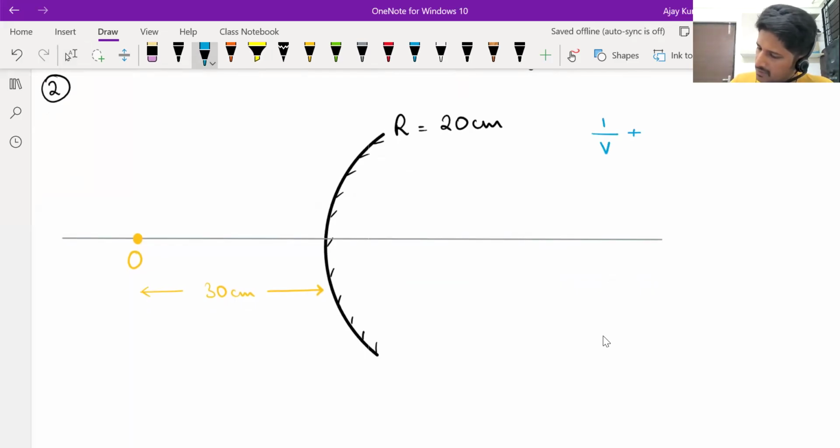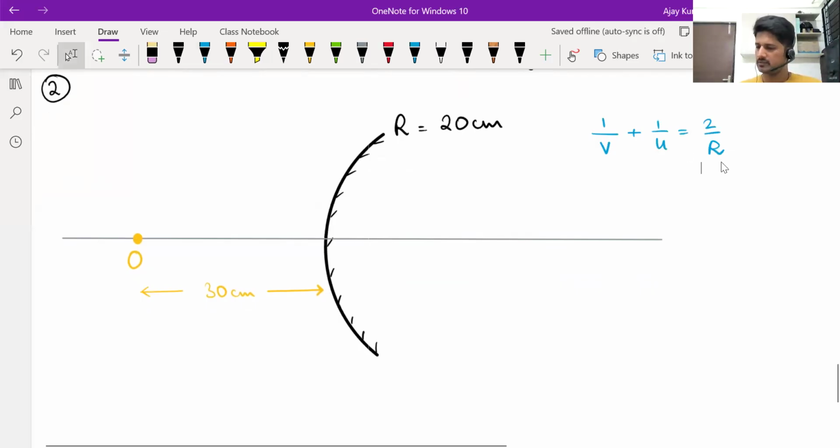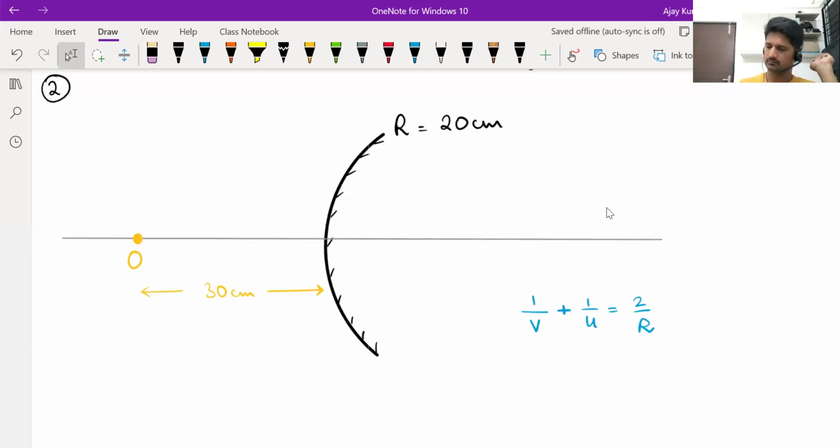1 by v plus 1 by u is 2 by R. Substitute properly in the formula. And imagine the rays. Okay, at least draw 2 rays.